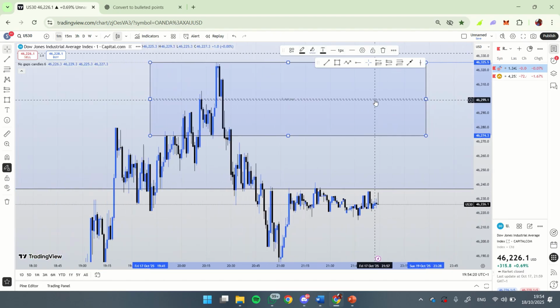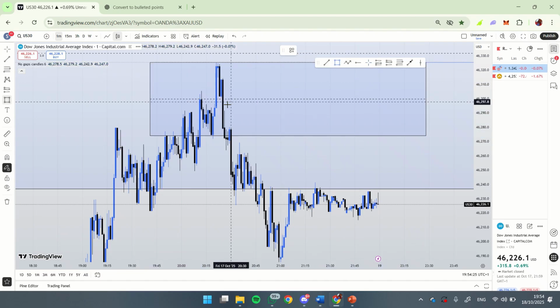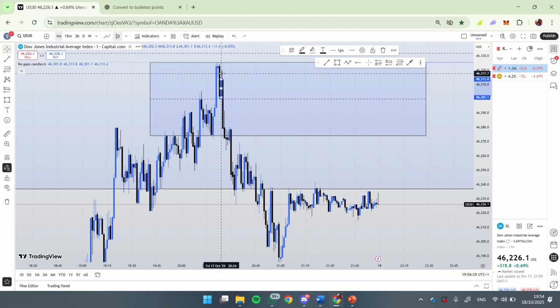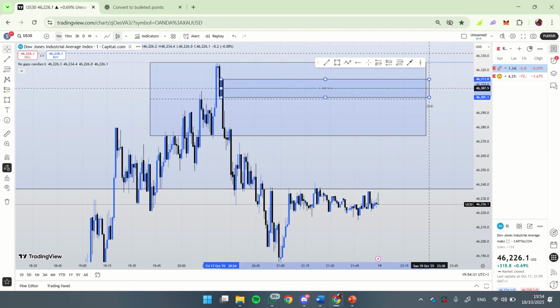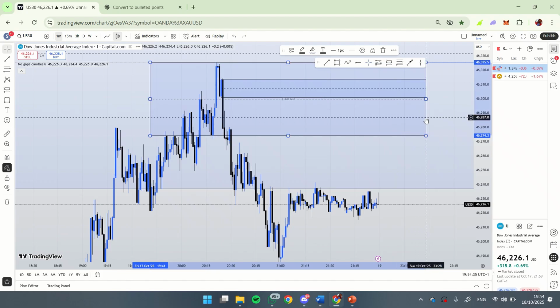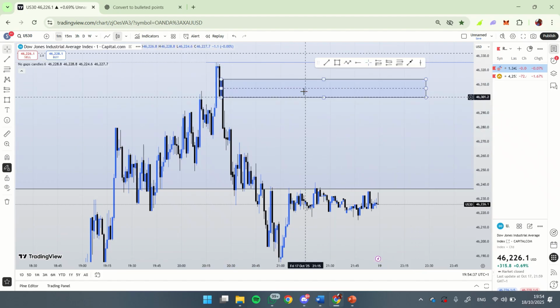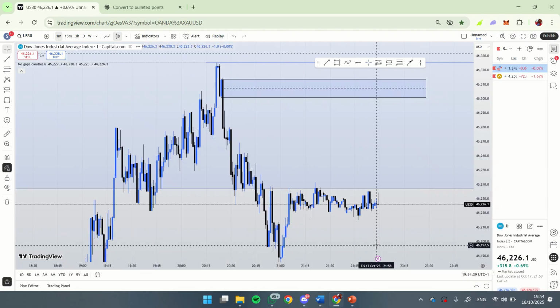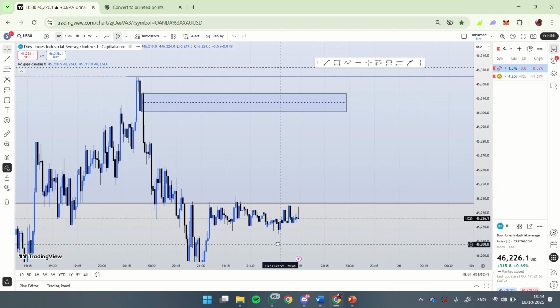Do you understand? So what I am seeing here is this particular zone. So this is how my brain is thinking when I'm trading. This zone. So let me delete this to reduce the zones. So this particular candle is what I am going to pay attention to.